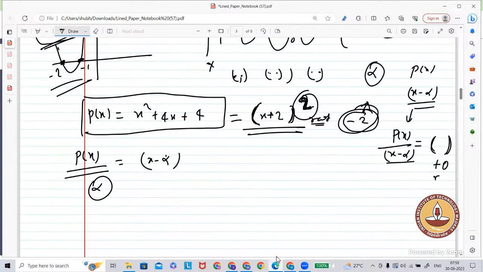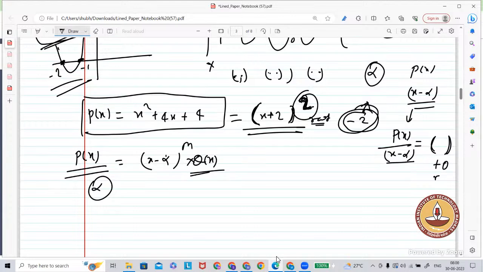Okay. So this is one thing to be noted: if a root is given, suppose a number is a root of a polynomial, that means x minus that root is going to be a factor. Or if you divide by it, the remainder you will get is 0. So if P(x) is a polynomial and alpha is a root, and while getting the factors suppose you got P(x) equals x minus alpha to the power m times a different polynomial Q(x), let's say this is m.